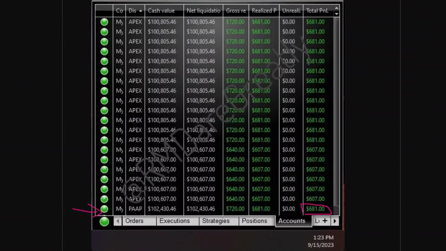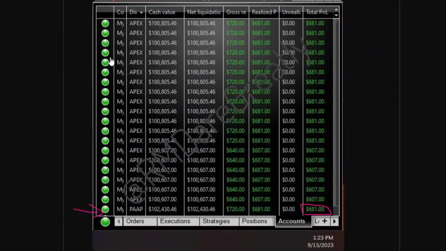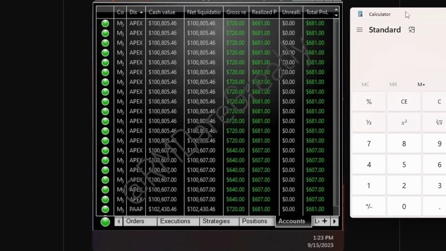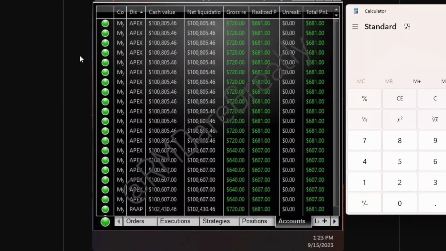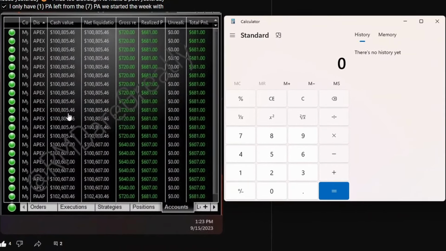But in reality, if all of these 20 are all PA accounts, let's bring the calculator here to actually calculate our theoretical gain for the day, because the hope is someday that all of these accounts will be PA accounts.